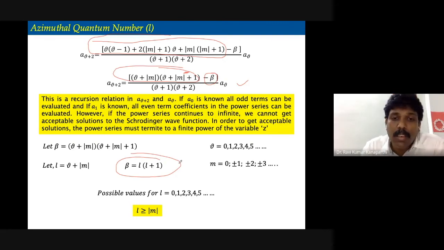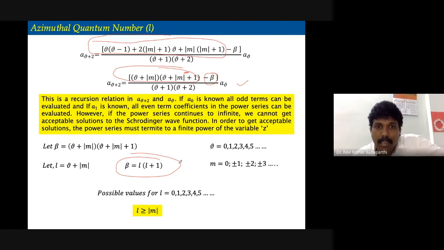Coming to the actual and original discussion, which is very useful for us: what are the values that you can assign for L? It depends, of course. L is equal to nu plus modulus of m. So what is the minimum possible value that we can give to nu?